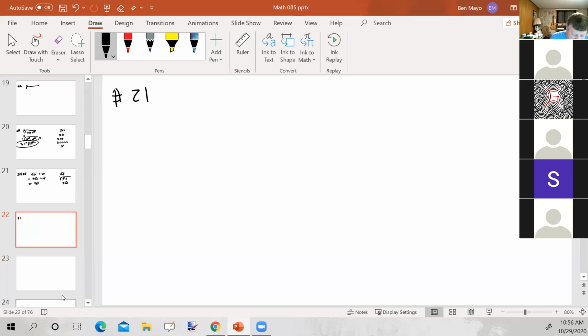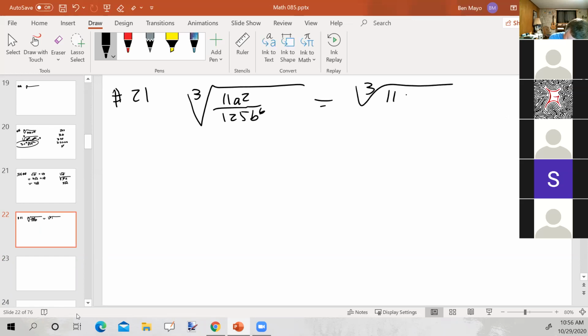Number 21, the cube root of 11a squared over 125 b to the 6th. I can't reduce anything inside, but I could split it up. Now, earlier we had one of these and we went the other direction.